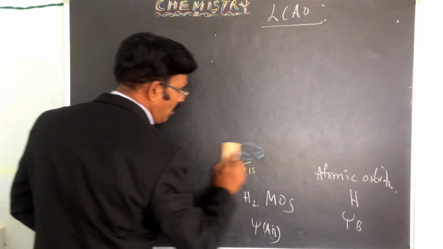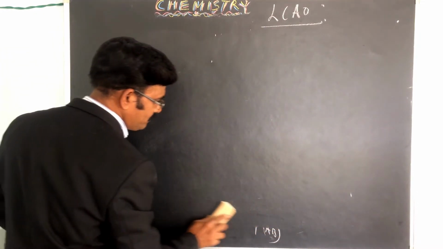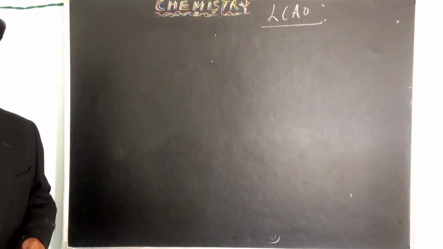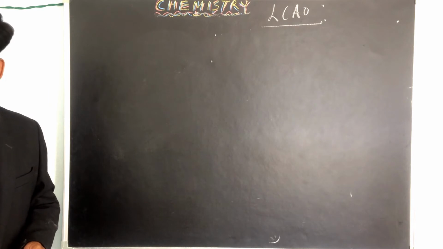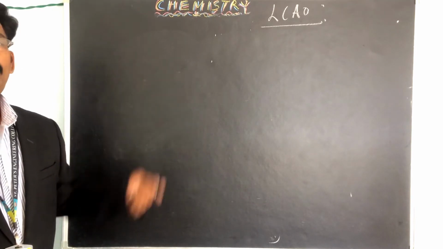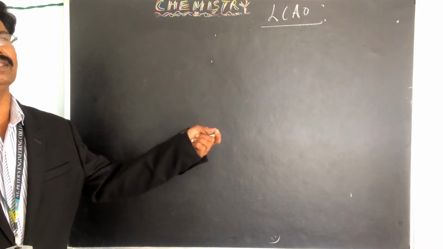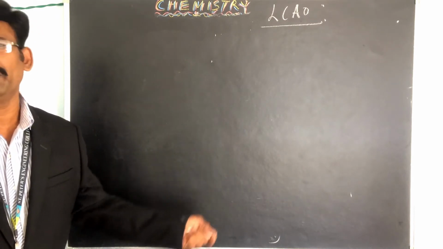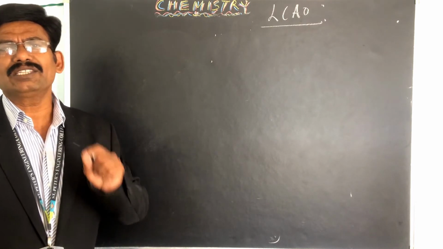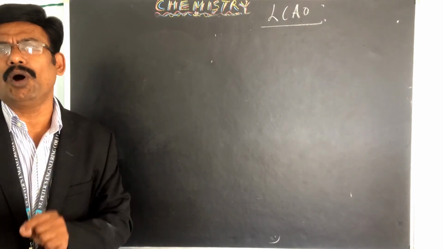What is the example I have taken? Just the hydrogen molecule, like that, many molecules. We have to discuss the common psi A and psi B. A is hydrogen or chlorine or whatever atoms, B is also different.